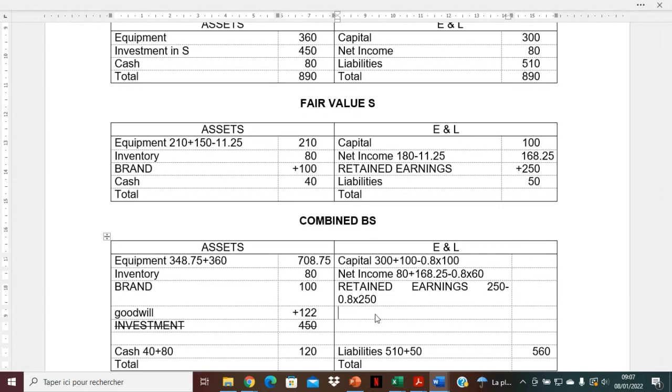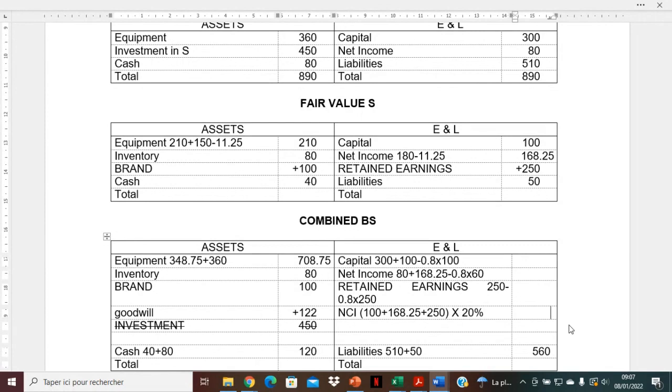Last step, I need to recognize non-controlling interest. Here, as I said, we take the values as of today and 20%. So 100 plus 168.75 plus 250 for the retained earnings, all this times 20%.